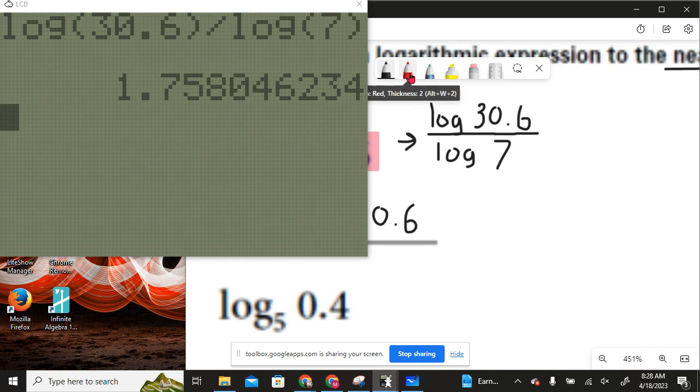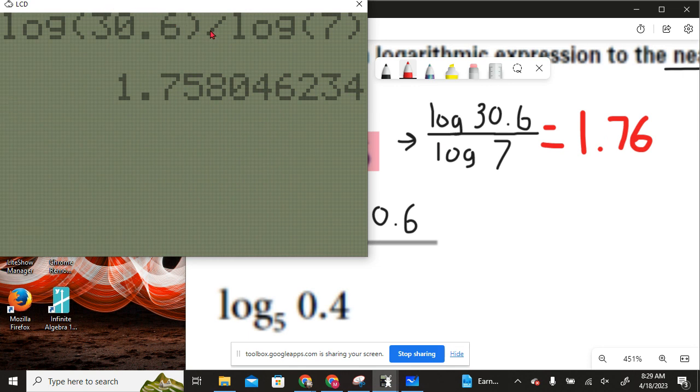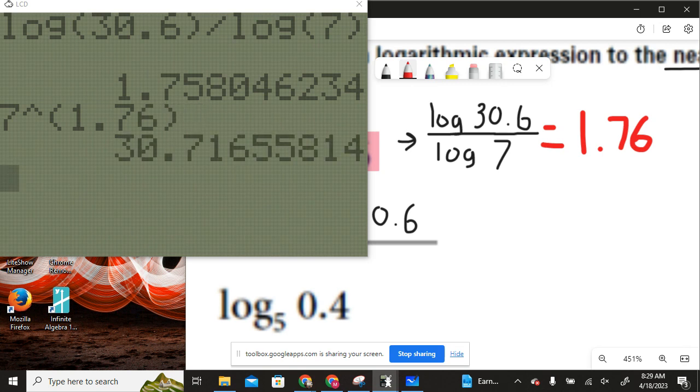So that means that if we take 7 to this decimal, we'll round to the hundredths place. This is 1.76. This will get us our answer. So let's test that out. If you take 7, raise that up to the 1.76 power, we get 30.7.